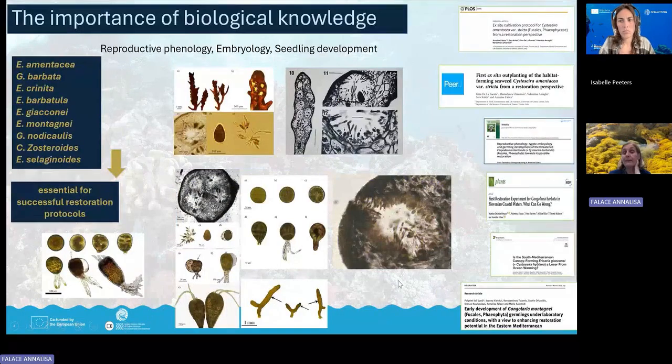We have started studying the phenology, the embryology, and the seedling development because it is essential to have a very deep biological knowledge of the different species to build successful restoration protocols.